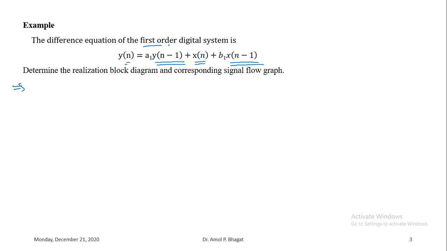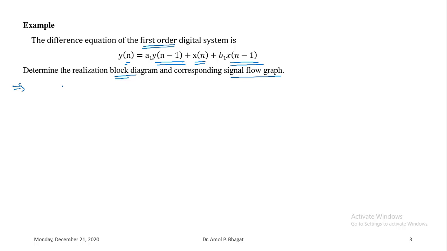So it is a first order difference equation used to describe the given digital system or discrete time system, and we have to determine the block diagram as well as the signal flow graph for the given system. Right. So let's try to obtain its realization first.